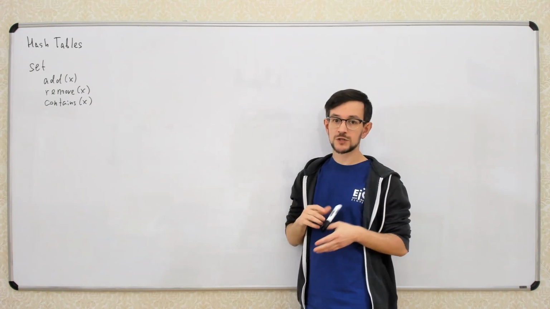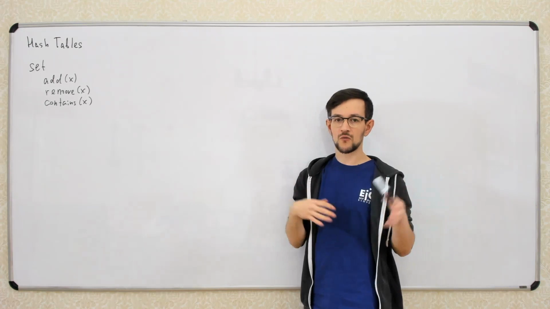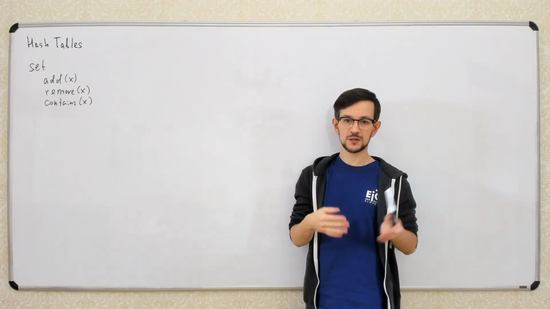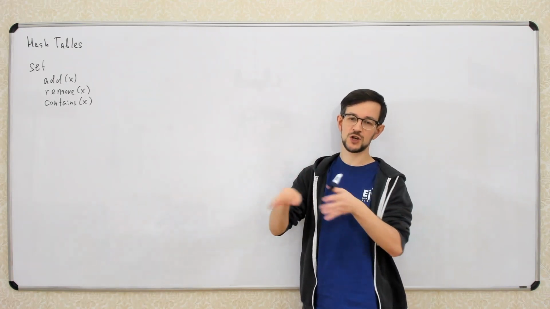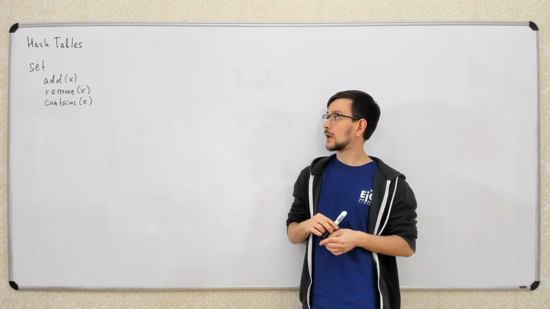It's a very basic structure widely used in various situations. Like if you want to calculate the number of unique objects in your list, you put them all in the set and then check the number of elements in the set and so on.